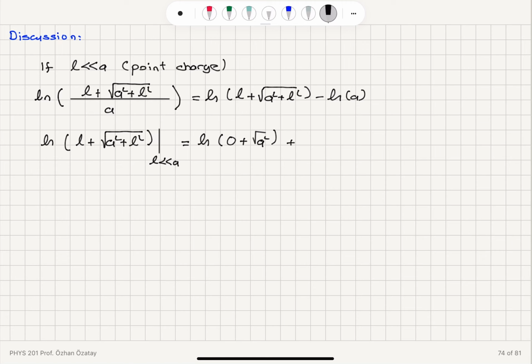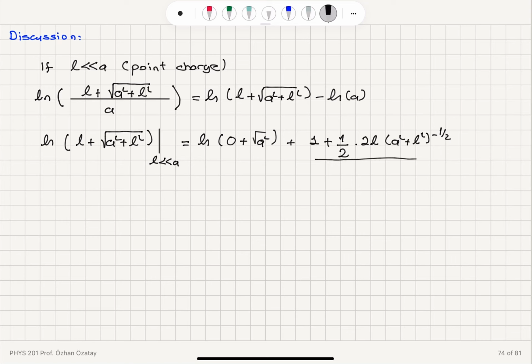Plus second term, I take the derivative with respect to L. So it is 1, derivative of L with respect to L is 1. Then I have derivative of square root of A squared plus L squared. I obtain a 1/2. The derivative of inside is 2L. Then I have A squared plus L squared to the power minus 1/2.